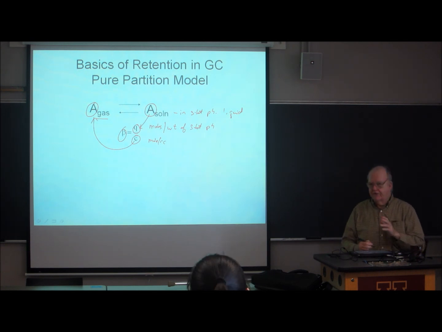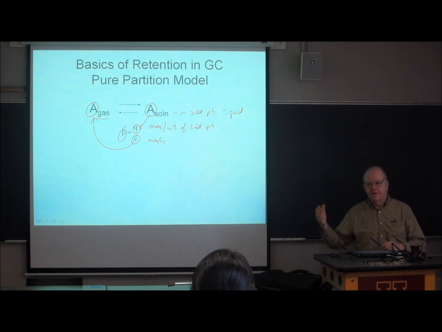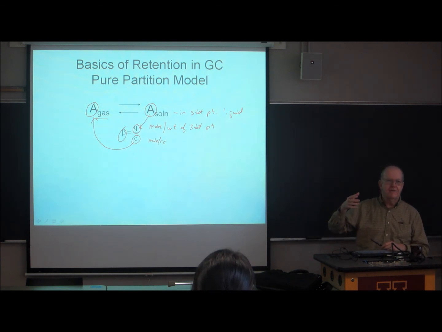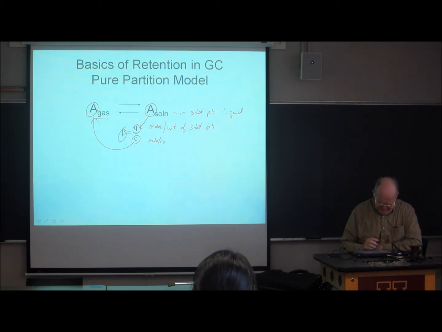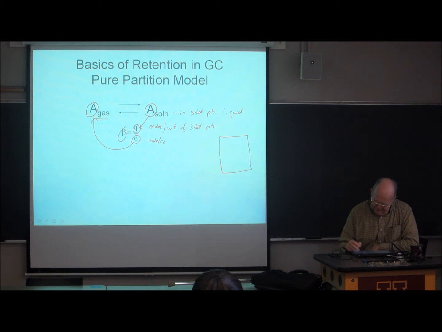Why is it big? Why is it small? What are the factors, the solute factors, that influence the value of beta? What are the stationary phase factors that influence the value of beta? So our model then, if you will, is sort of like this. Go back to the plate model. There's your stationary phase. There's your mobile phase.